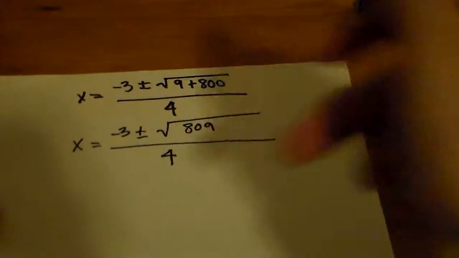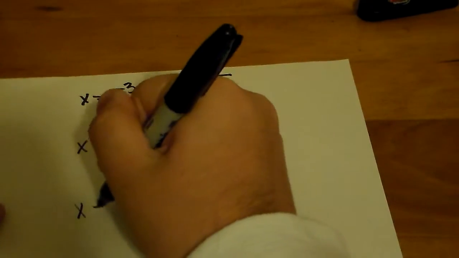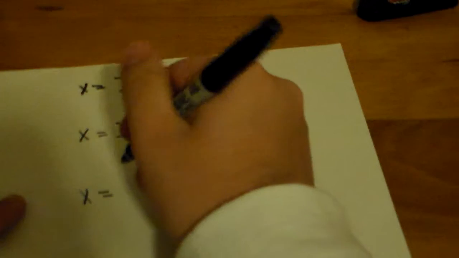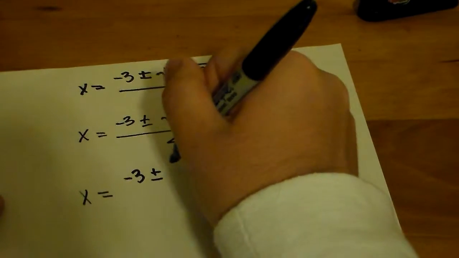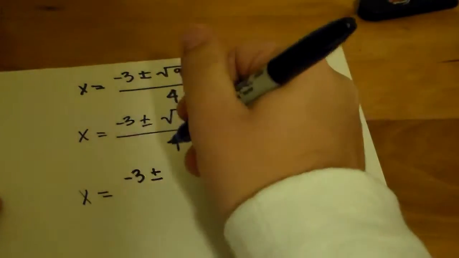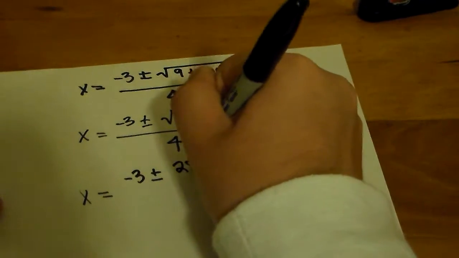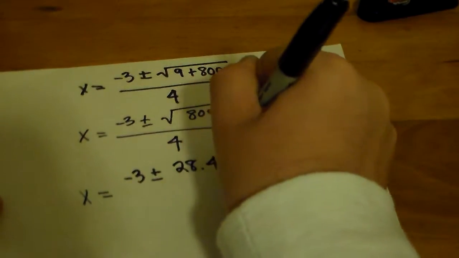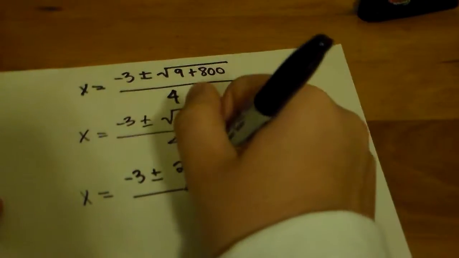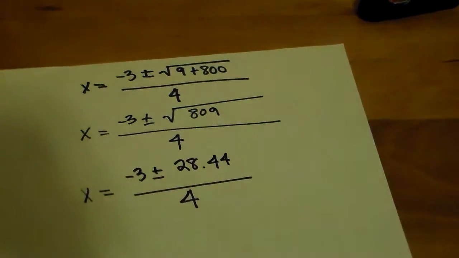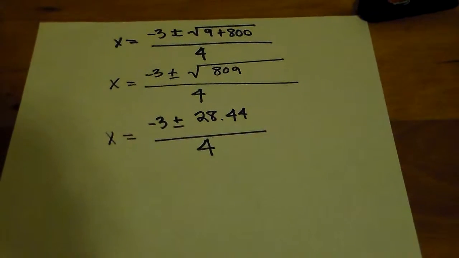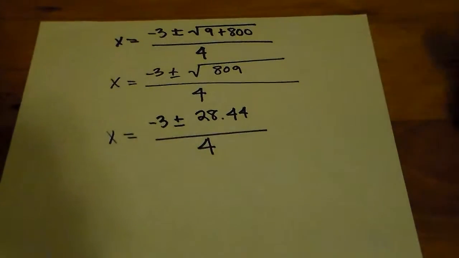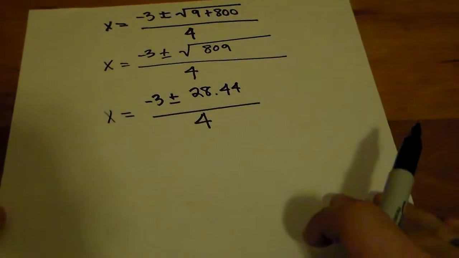So it's x equals negative 3 plus or minus 28.44 itself, not the square root, since we already took the square root. All of that over 4. Now, we are not finished. We can still simplify this equation down to something a little bit simpler.